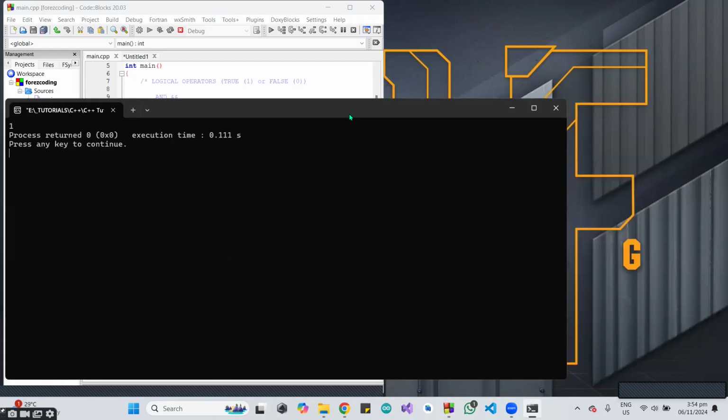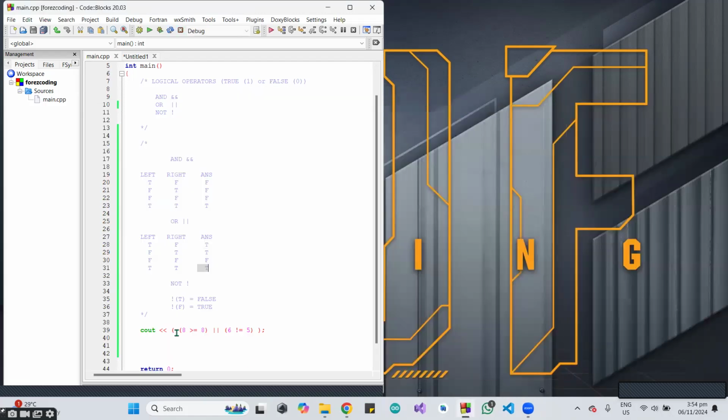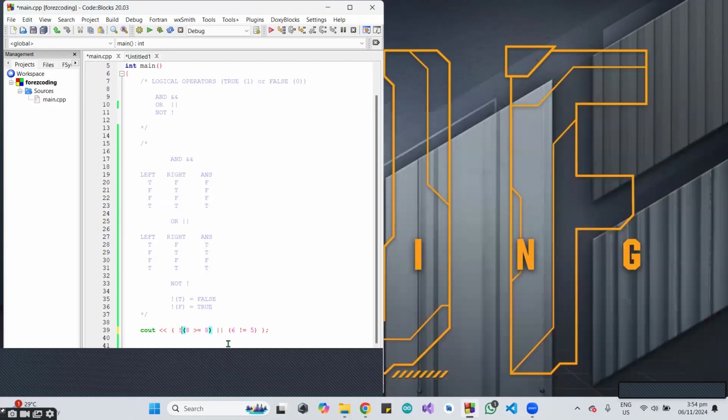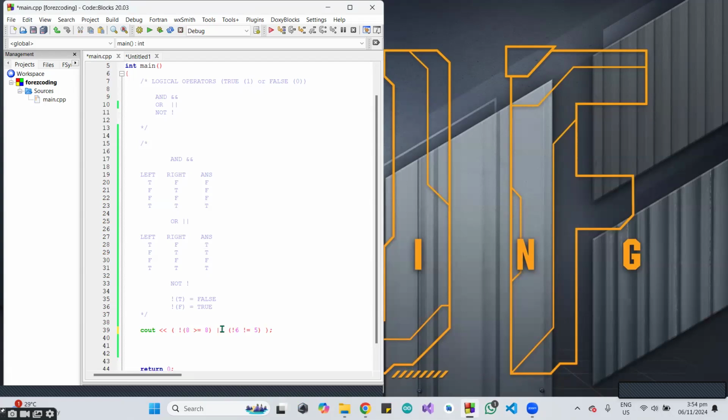What if we have here not, and we have here not, okay, and we use AND operation? So same way, if the left operand or either right operand is false using AND logical operator, the final answer is false.